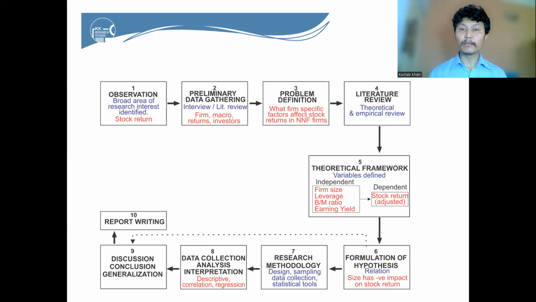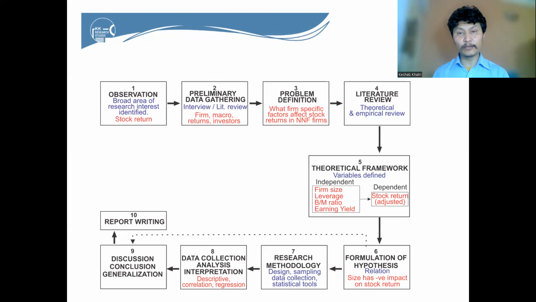So based on those theories and based on the empirical findings that have been found in different parts of the world at different periods of time, we selected different variables for us. For example, for firm-specific variables, firm size, leverage, book-to-market ratio, earning yield. So these are the 4 variables that we selected for our study as the independent variable.